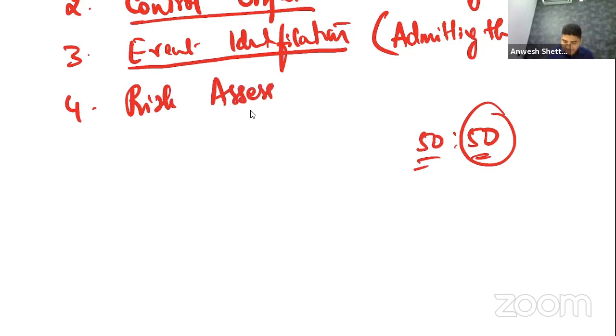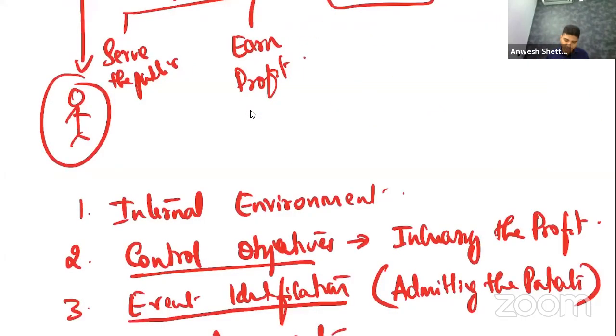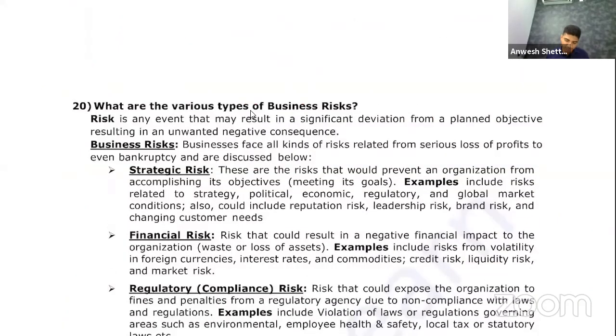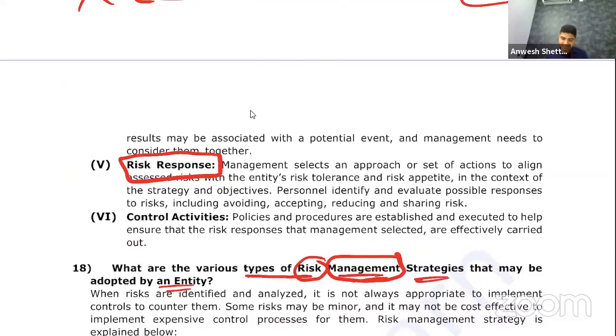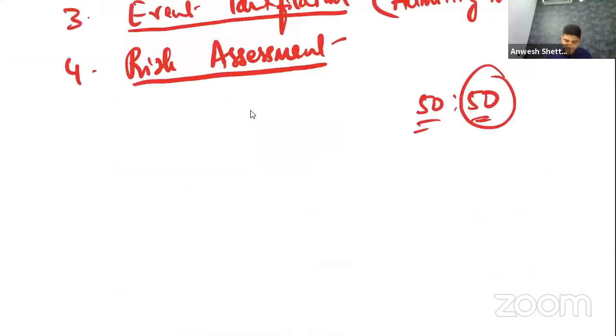Risk assessment means assessing what will happen if you perform the operation without collecting the full fees. If the patient survives, money will come. If the patient does not survive, money will not come. So this is also very important. You assess the risk and you say there is always a 50-50 possibility. After you assess the risk, what are you going to do? That is risk response.